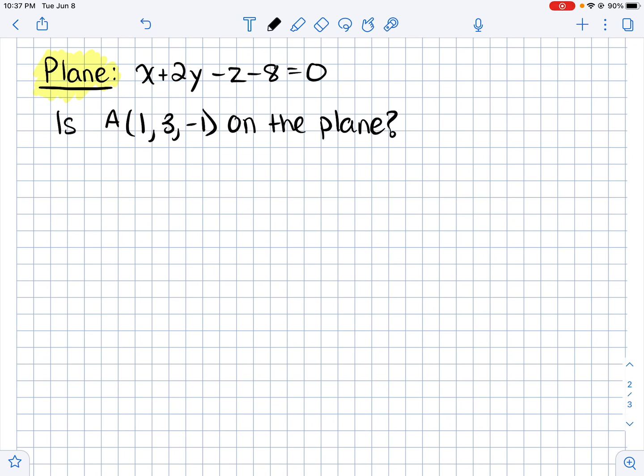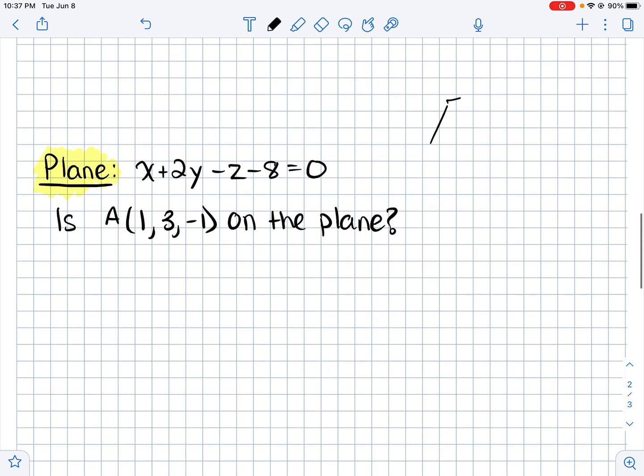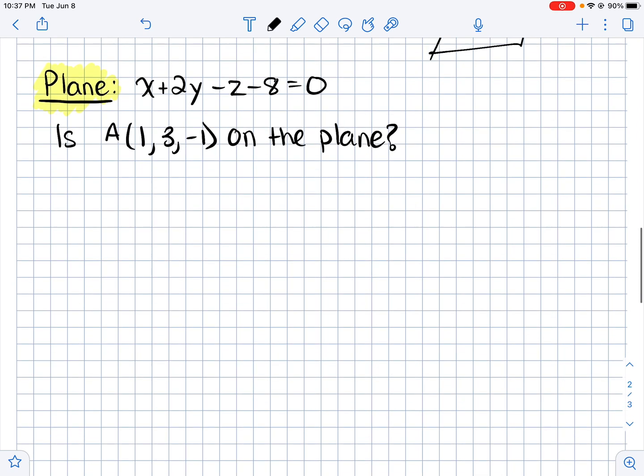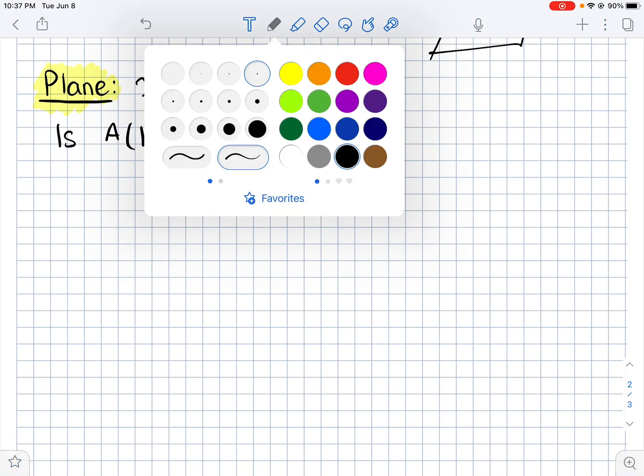So I can ask you questions like, is this point on the plane? I've got some kind of plane. Is that point on it or is it somewhere else? We can just sub it in and see if the left side equals the right side.